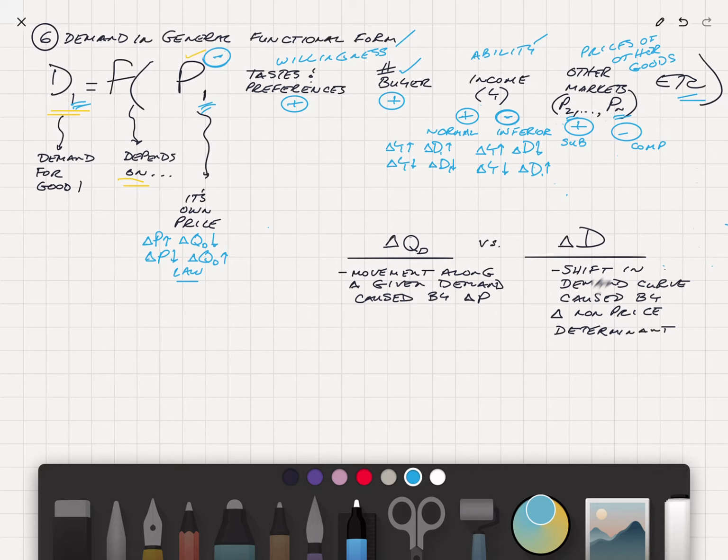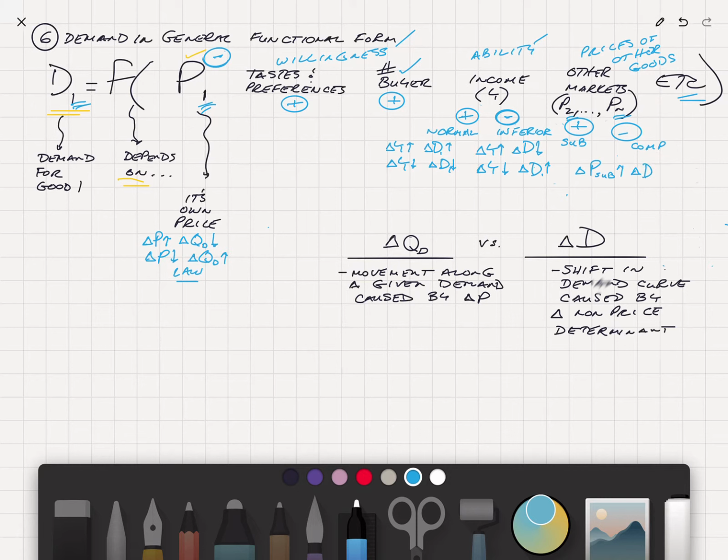Think Coke and Pepsi. So now if we have a change in the price of a substitute up, if the price of Pepsi goes up, what happens?